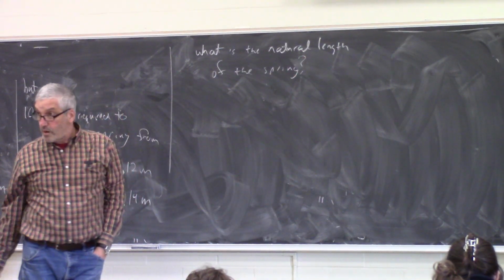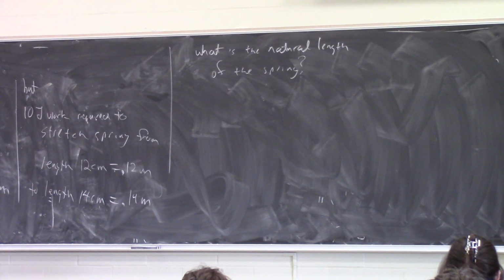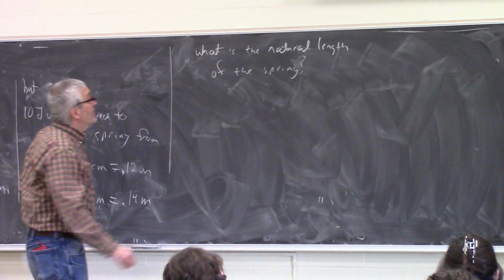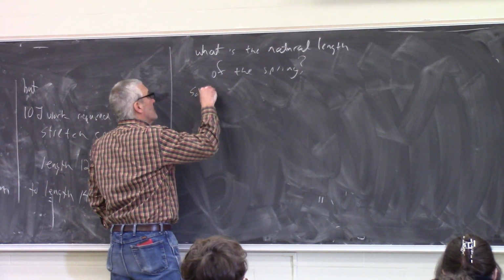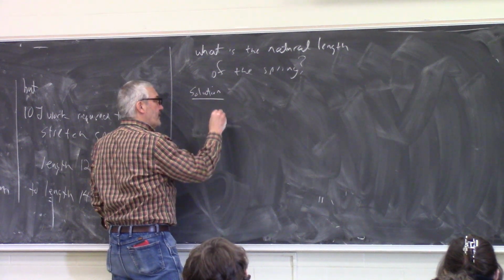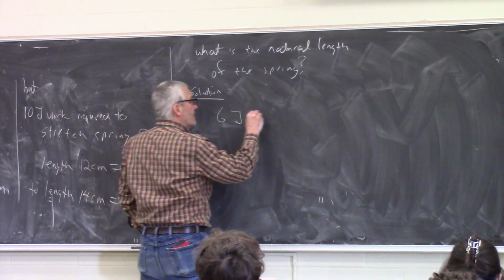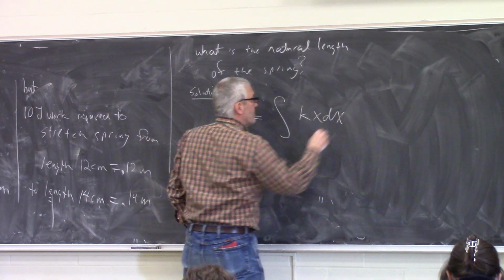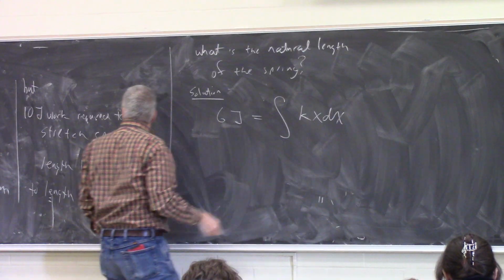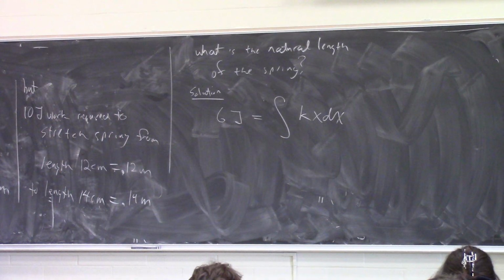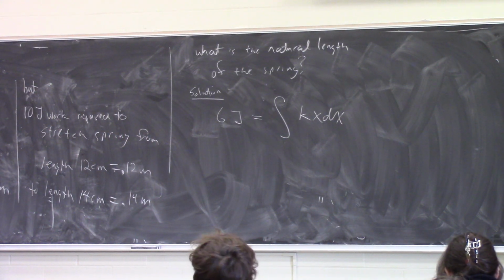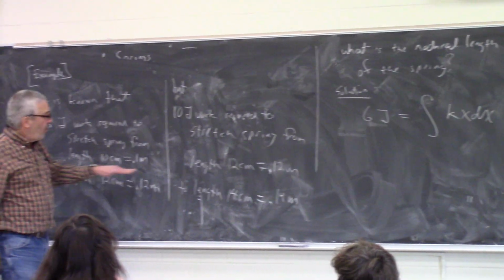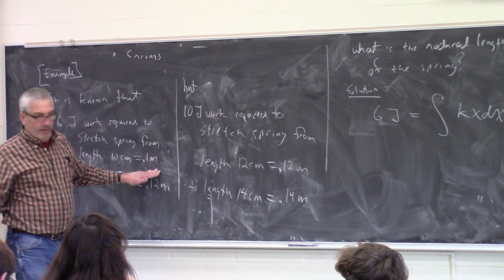So this is a really hard problem because I don't know what my natural position is. I know what my length is, but I don't know what the natural length is. Well, we know that 6 joules is the integral of kx from some a to some b. Now what is my a and what's my b? I know that the initial length was 10, but that's not my x. My x is 0.1 minus the natural length.